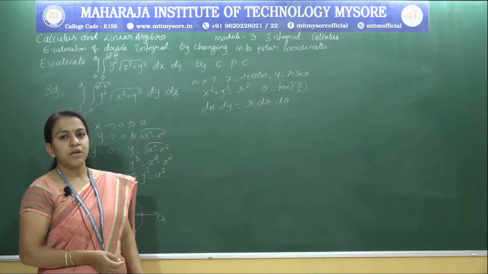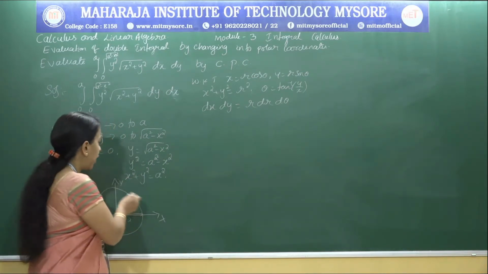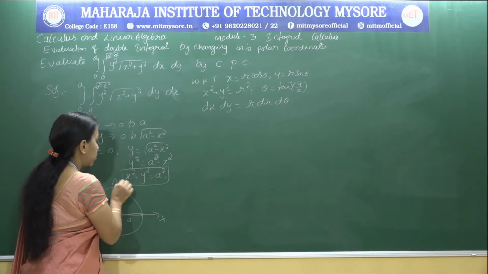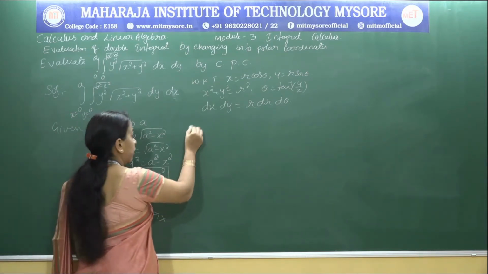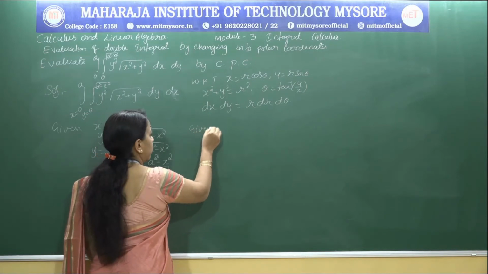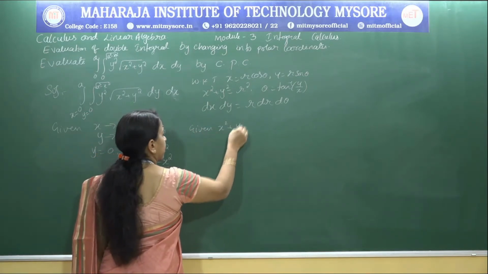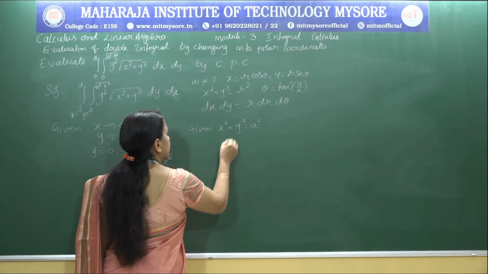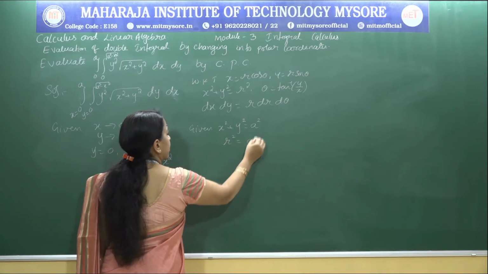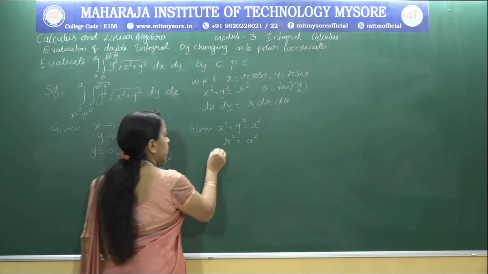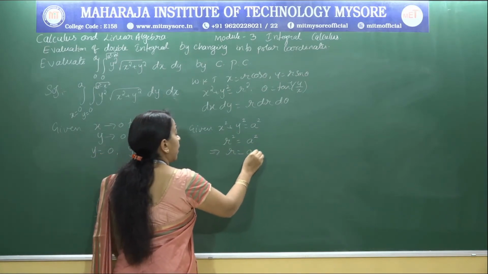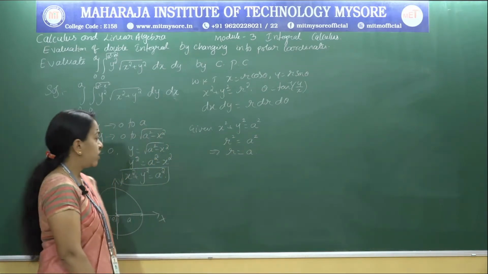So to find the limits of r and theta, we have x square plus y square equal to a square. We consider r square as x square plus y square, therefore r square equals a square, which implies r equals a. That is the first condition.